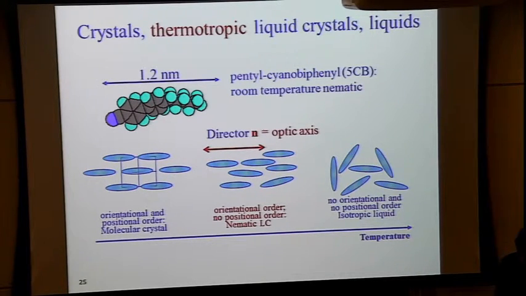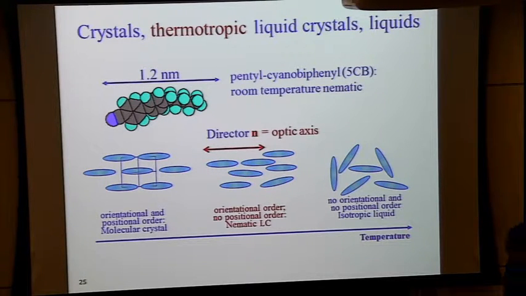So now we are coming back to the scheme. Here I told you that it's the temperature that controls the phase transition. And in fact, this is why we call most of the liquid crystals, especially those that we use in the displays, thermotropic liquid crystals.